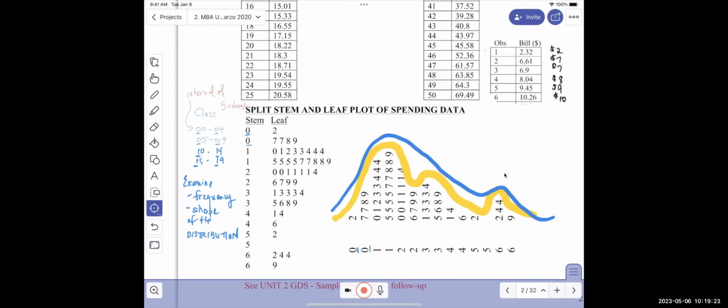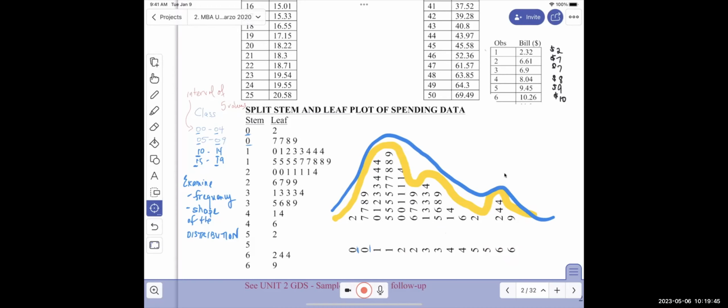In terms of marketing strategy, most of the people are spending a little money, like less than $25, right? Most of the data is here, a good chunk. And then for the rest, it'll be interesting to know what these people are buying, spending in the 60s.